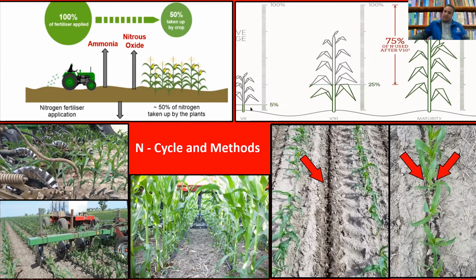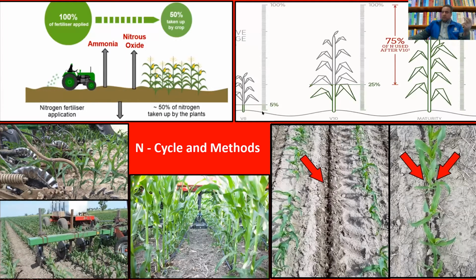For the timing, the percentage we use from planting to V6 would be only 5%. Imagine if you apply 100% of your nitrogen at planting and something happened between V6 and V10, for example, when we reach 25% of usage of nitrogen. If we have heavy rain here, what will happen to your nitrogen?